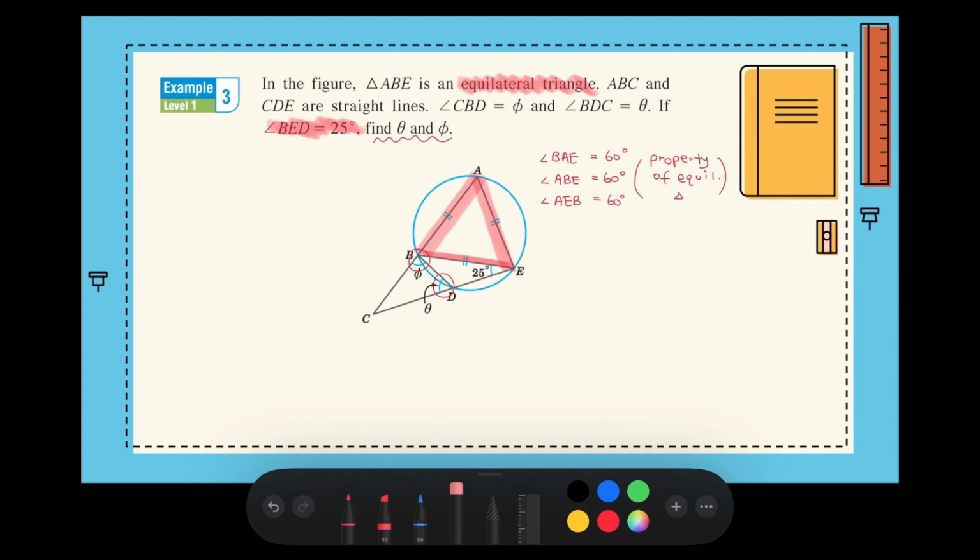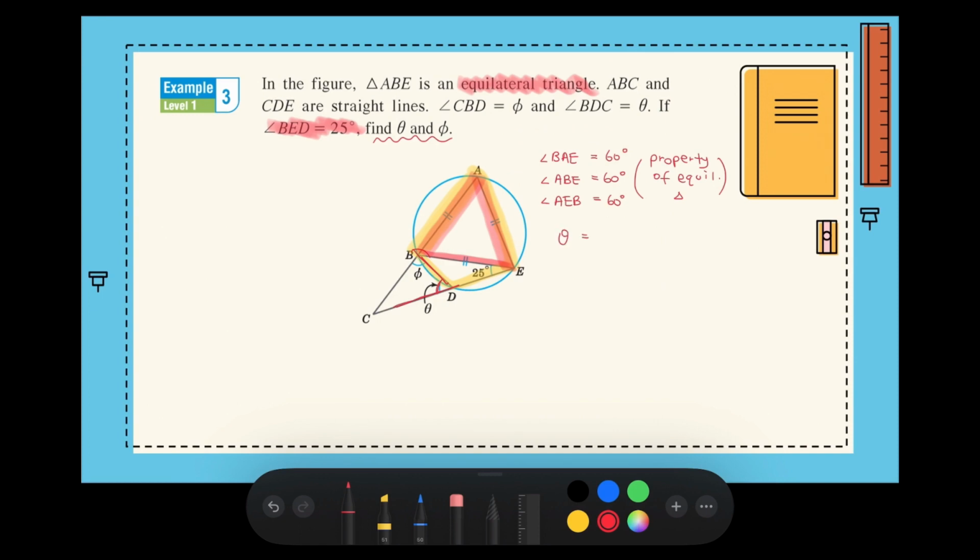But let's look at what we want to find first. Let's look at theta. Theta is here. I use another highlighter to let you have a look. Let's look at this yellow one here. This is a cyclic quadrilateral because all the vertices are on a circle. Therefore, theta here is the exterior angle of the cyclic quadrilateral.